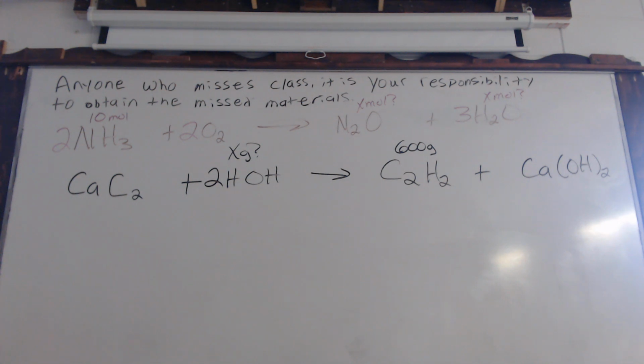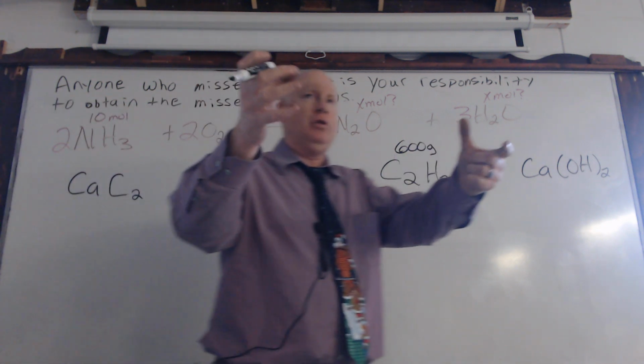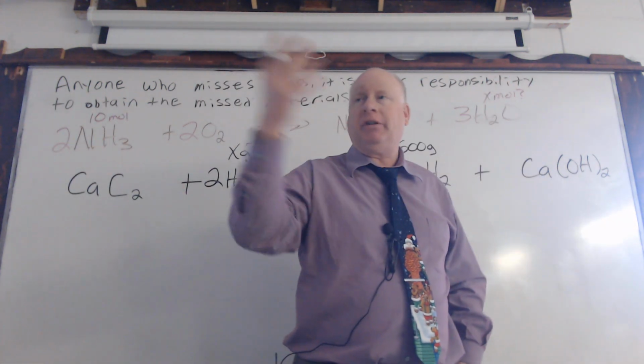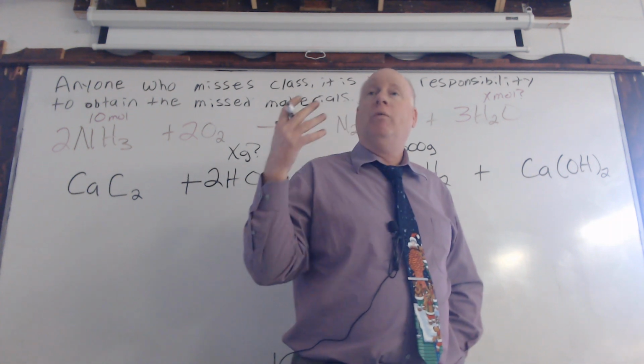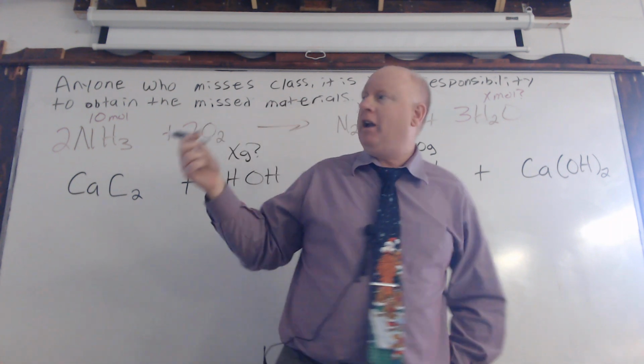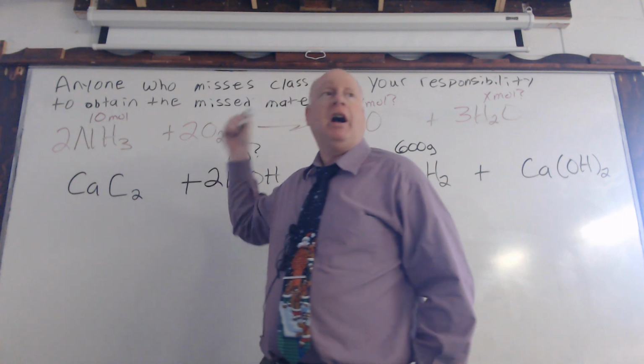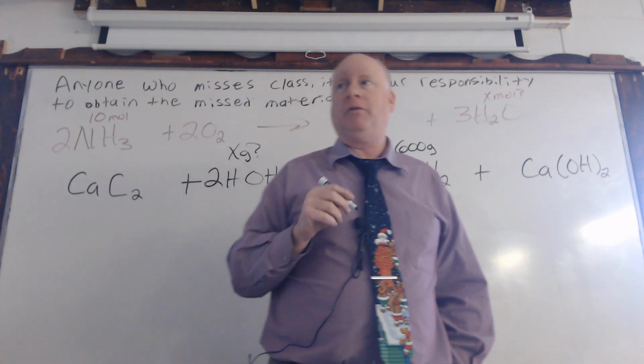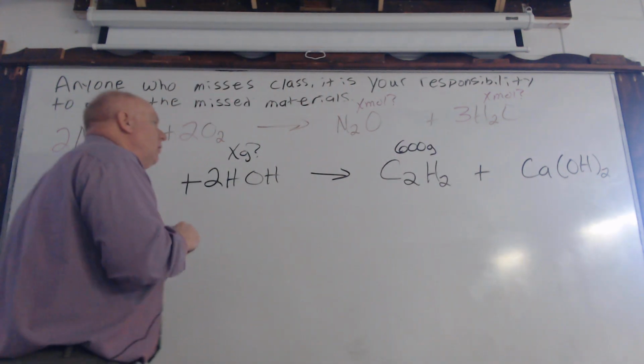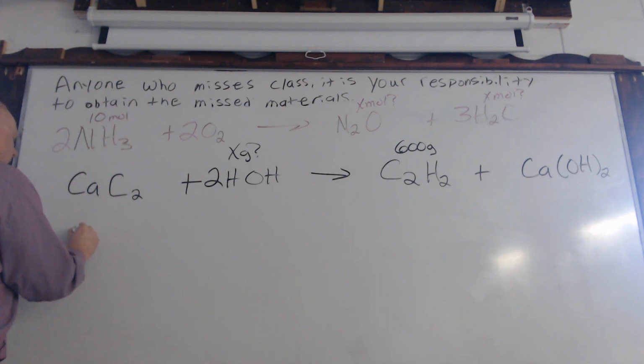Just like rain, sleet, snow, all that falls out of the clouds, that's precipitation, so that's known as a precipitate. Once you mix the 2 solutions together, a precipitate falls out, so what you do is calculate how many grams you started with and find out how many grams you should be able to produce. So we take 600 grams of our acetylene.